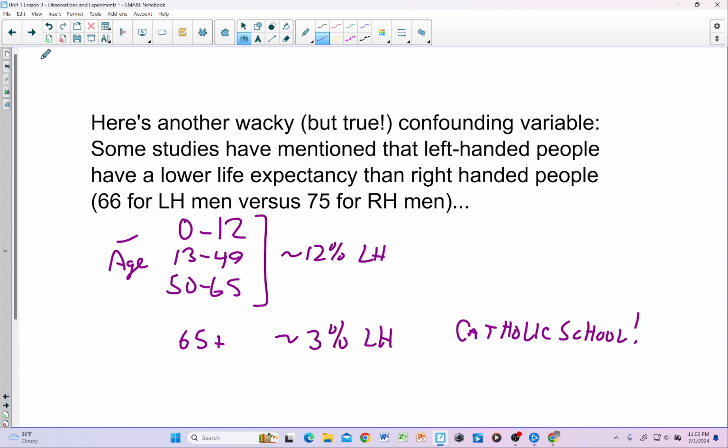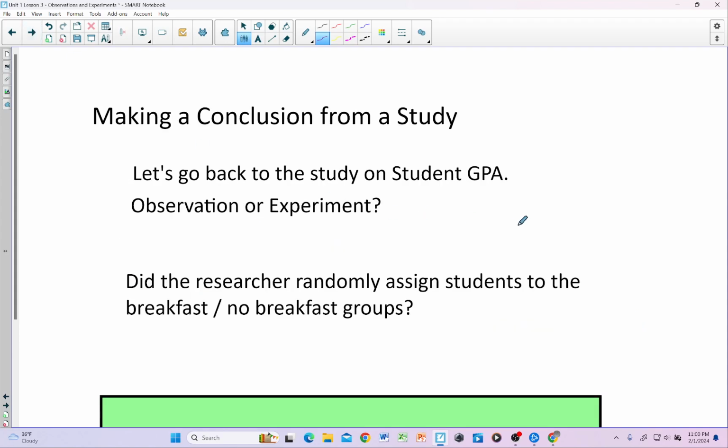Confounding variables come out in a lot of different ways. Okay, so let's make a conclusion from a study. So, what do we do with it? We did a study on student GPA versus breakfast, right? Is it an observation or an experiment? Did the researcher just survey and watch the people, or did they make the people do things?